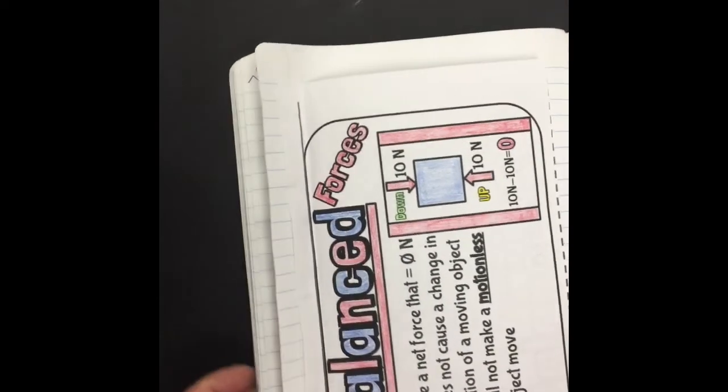For unbalanced forces, again on the right side, that's our yellow and green. I'm going to have to turn my journal a little bit sideways because I can't write straight up and down. We can say when two forces produce a change in the motion of an object.